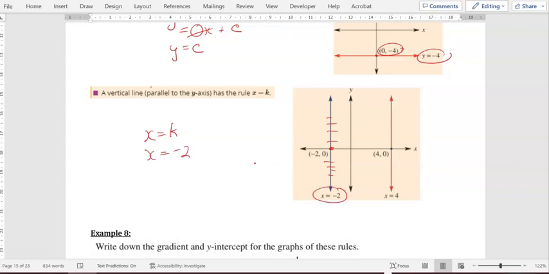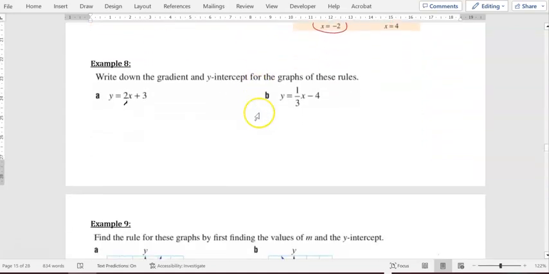And y can change to anything because it's undefined. And the same thing here if we looked at this one. At this point, we've moved along where x is 4 and y is 0. Well, it's still going to be 4 anywhere along this line, whether y is a billion or negative a billion. So we just jump right to x is equal to 4, no matter what y is.